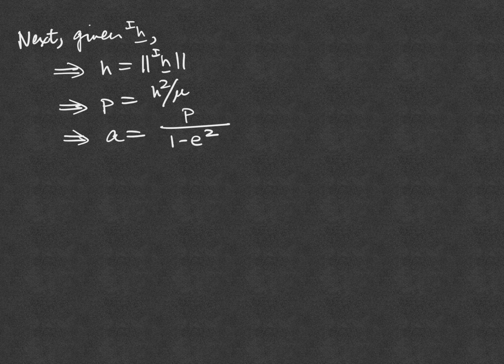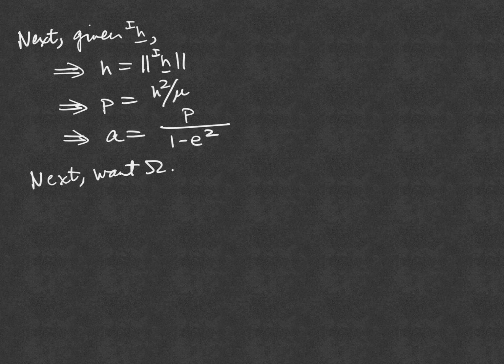The harder parts are now going to be to determine the three Euler angles, and then the fourth angle, which is the true anomaly. So next we want to compute omega. Let's figure out how to get omega.